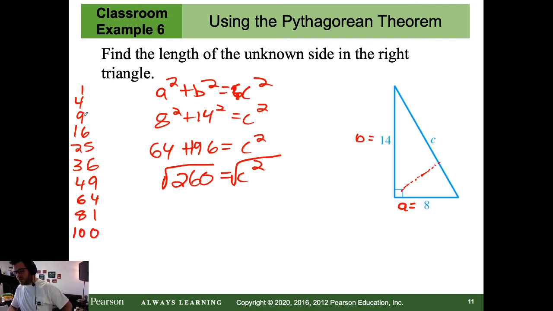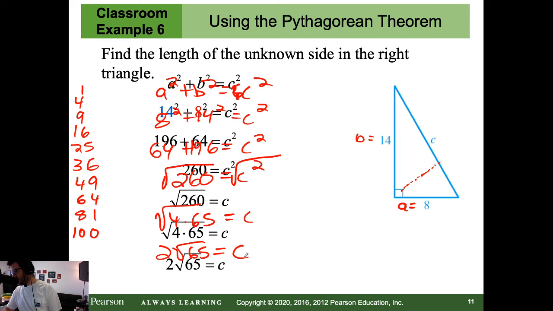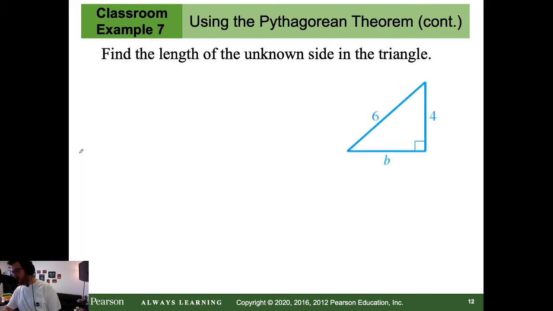It's probably not going to be the biggest one, but so I'm going to say that this is 4 times 65 equals C. So that's 2 times the square root of 65, which I believe is not going to work. I think that's as far as you can go, is what I'm trying to say. Let me see what they say. Yeah! Okay. So 65. So if I look at 65, none of these can go into 65. 25 is close, but that's it.